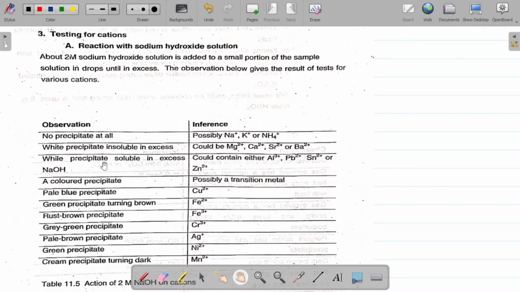So if I have the white precipitate that I saw, it means it could contain either aluminum ion, lead ion, tin ion, or zinc ion.